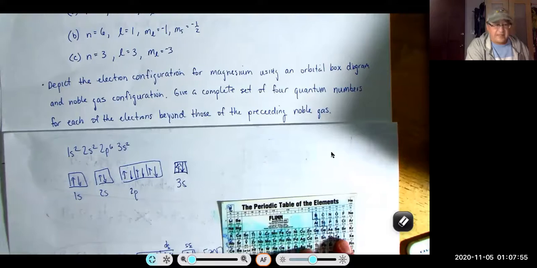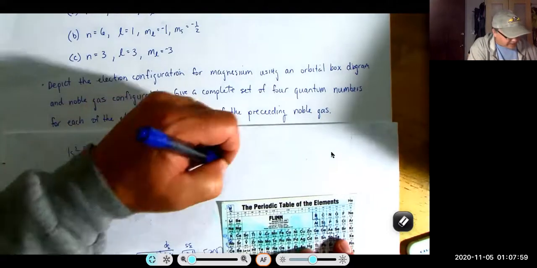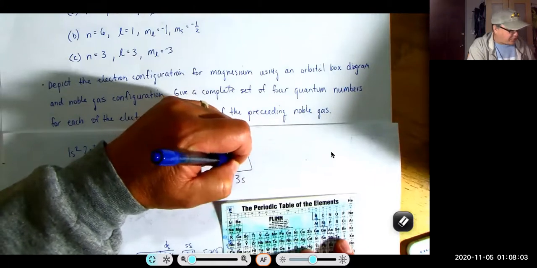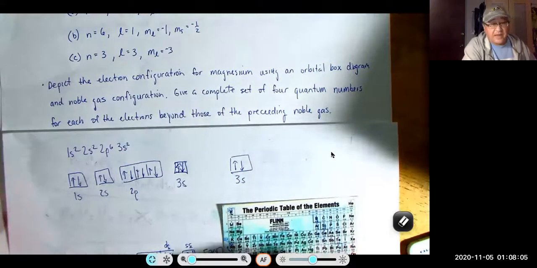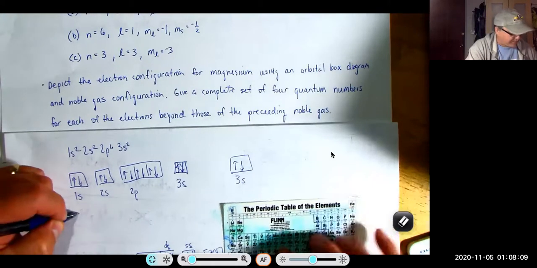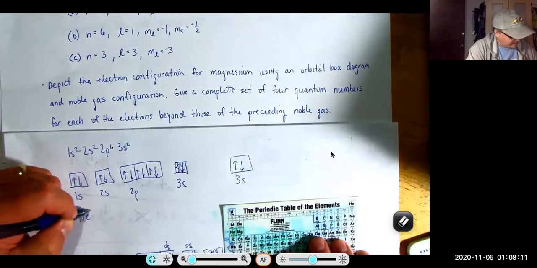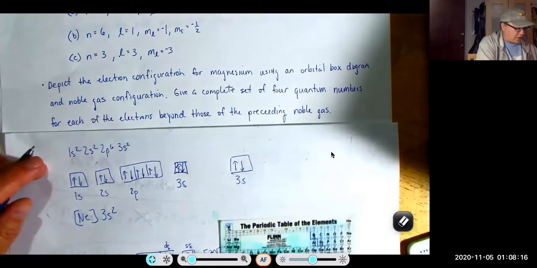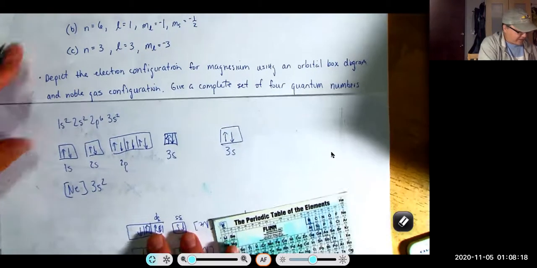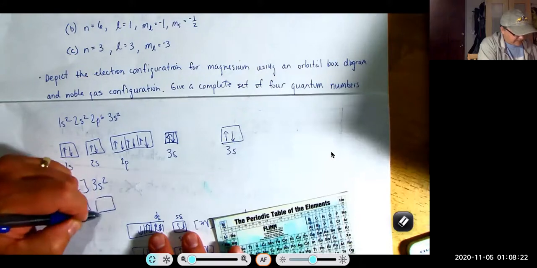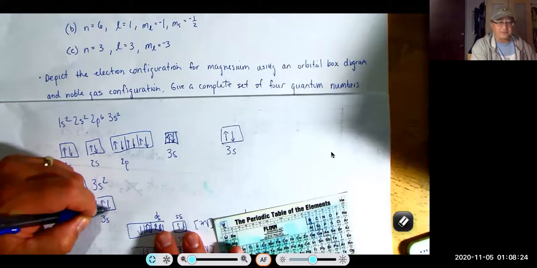So that's magnesium. And here for these 2 electrons in the 3s, we're supposed to, oh, I forgot, we're supposed to do the noble gas configuration. So the noble gas configuration would be neon, 3s2, or neon, 3s with 2 electrons, spin up, spin down.